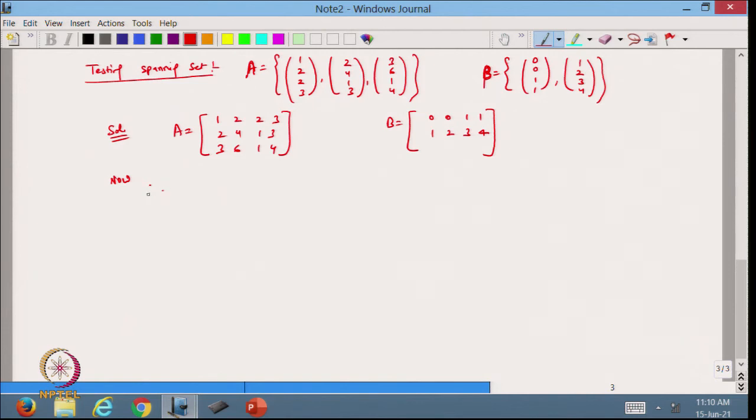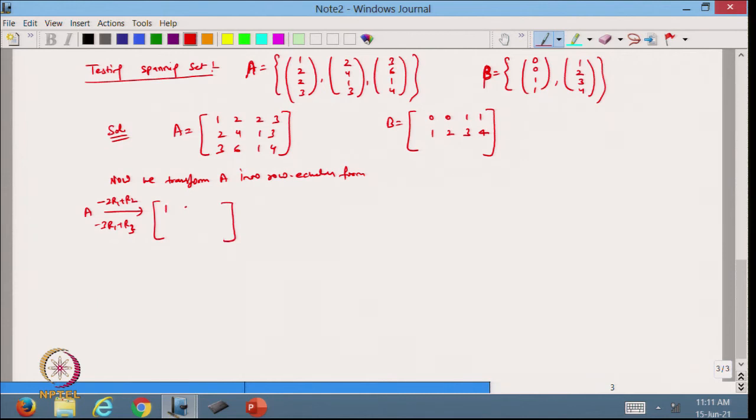What I am going to do is take minus 2 R 1 adding to R 2, and minus 3 R 1 adding to R 3.